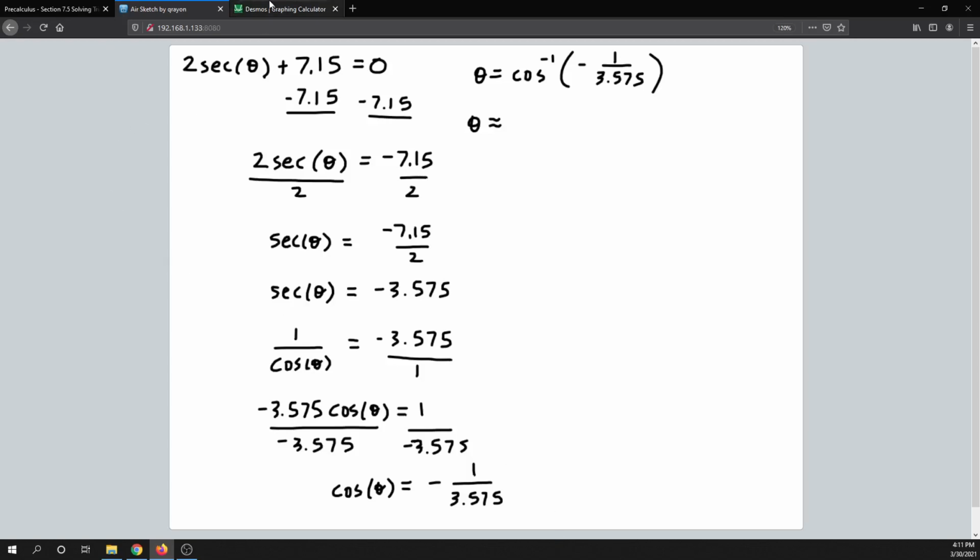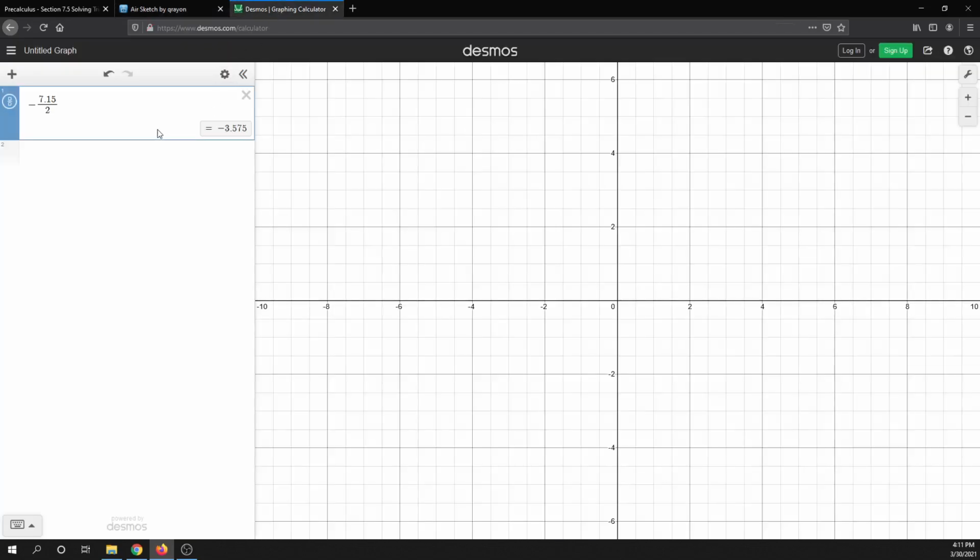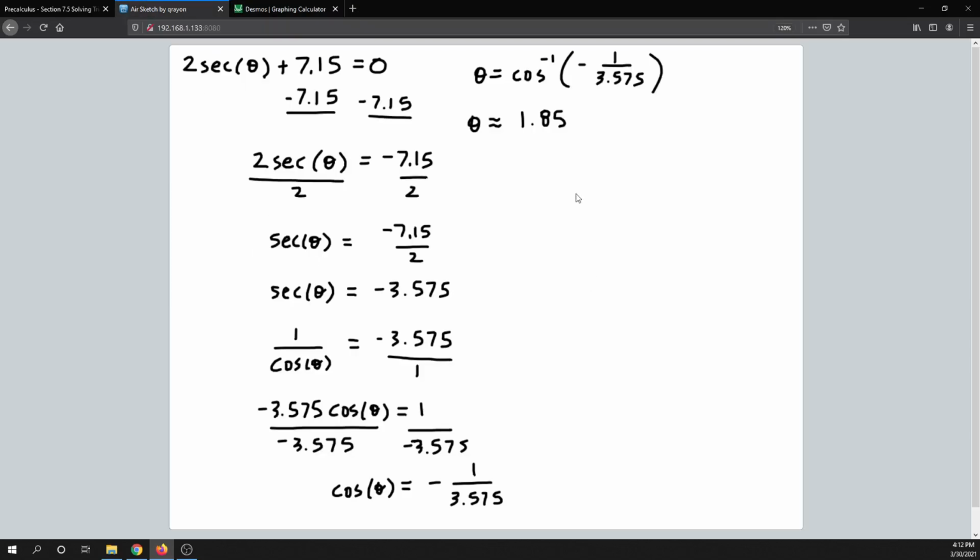Let's go ahead and do that. On Desmos here, I have to write that as arc cosine, and then negative 1 divided by 3.575. And you can see we get this value here, and let's just round it to 2 decimal places. So we get 1.85 to 2 decimal places. So that's one of our solutions.